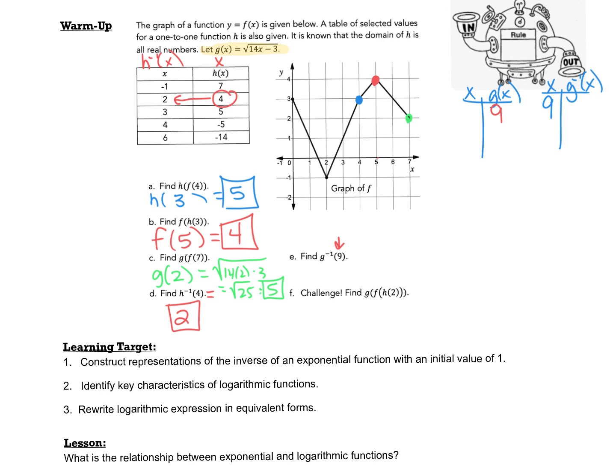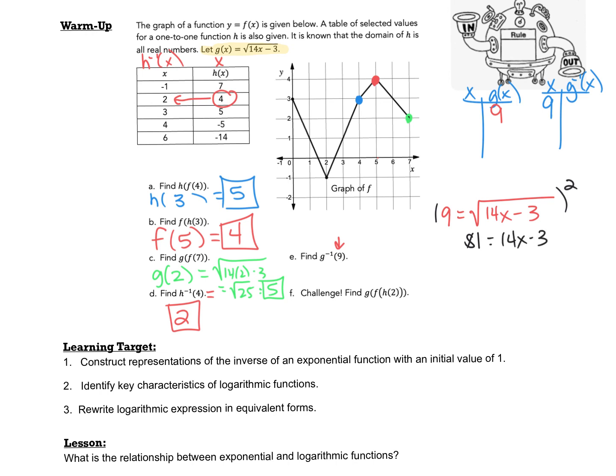So to find the value of that function, we're going to have to take my g function and set it equal to 9. What was that original x value? We don't have a function for g inverse, so we're going to solve it this way. Okay, using what we've got there. How would I undo that square root? I'd square everything. All right, so I'd get 81 equals 14x minus 3.